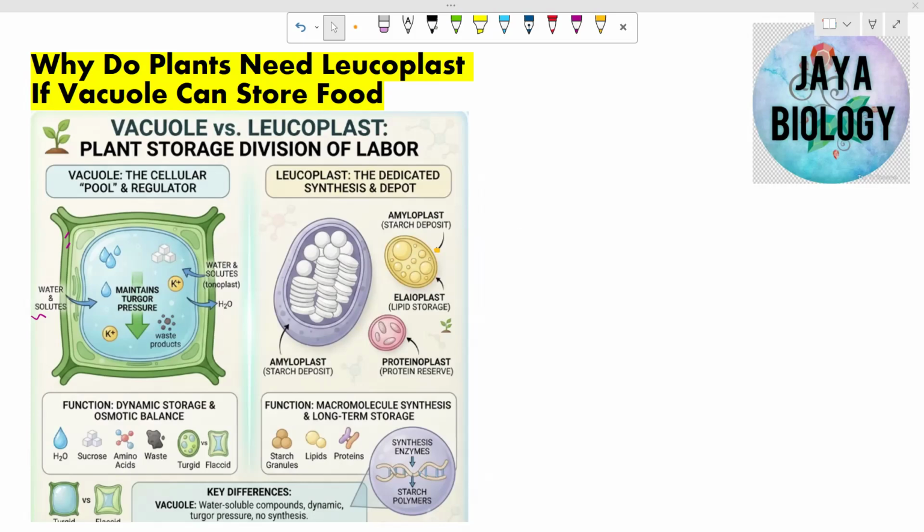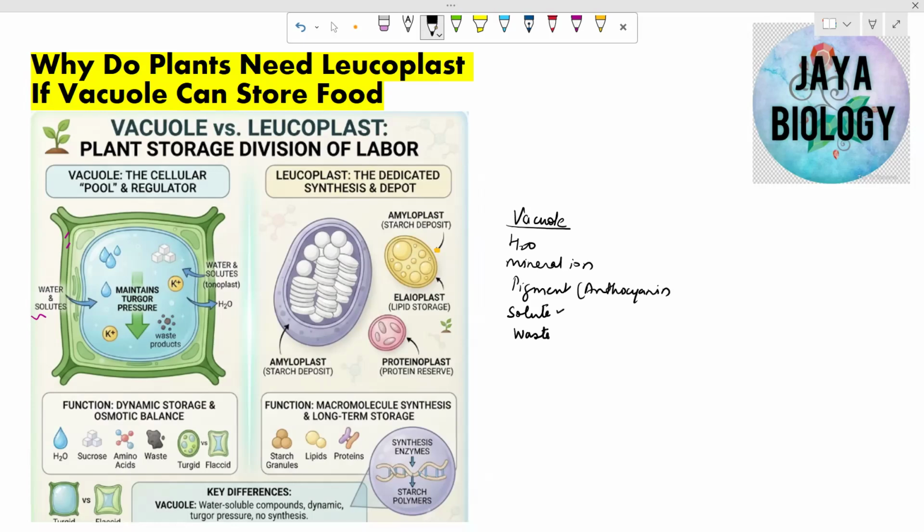If you see in the vacuole, sap is present, and the sap contains water, mineral ions, and pigments like anthocyanin. It contains some solutes like simple sugars, amino acids, and some soluble proteins. It contains waste also. So the vacuole contains all these things.